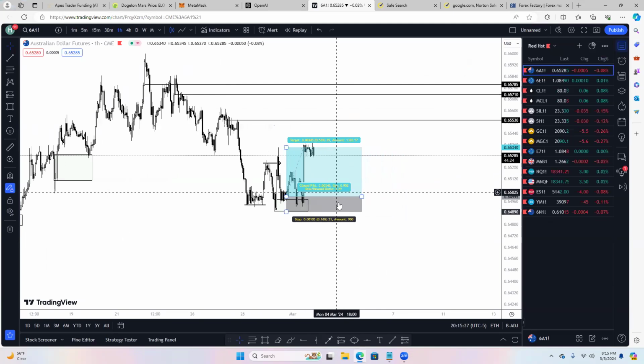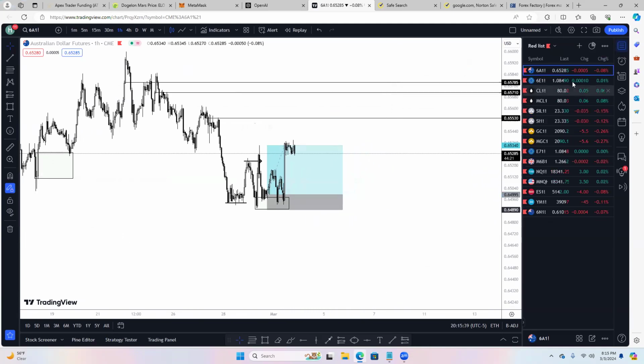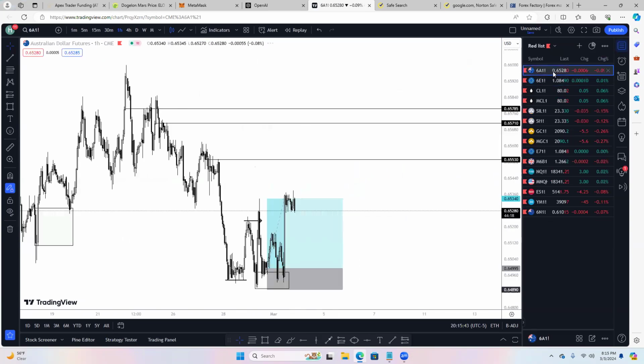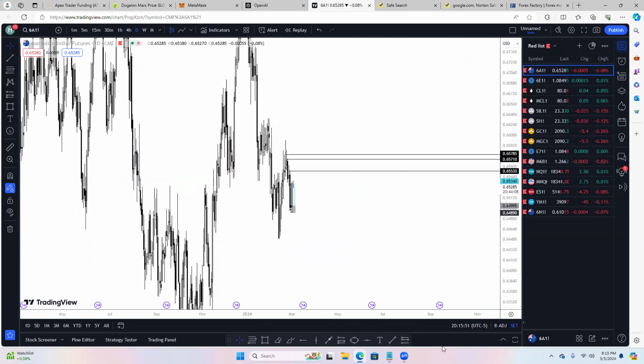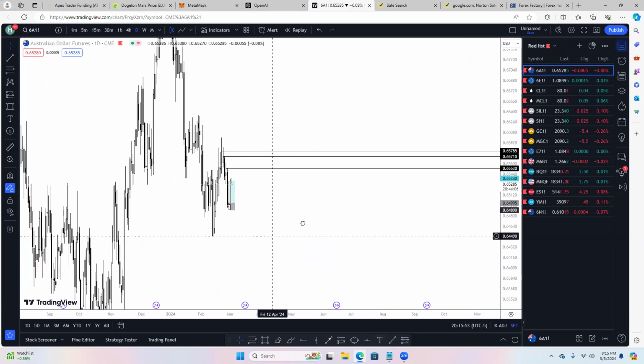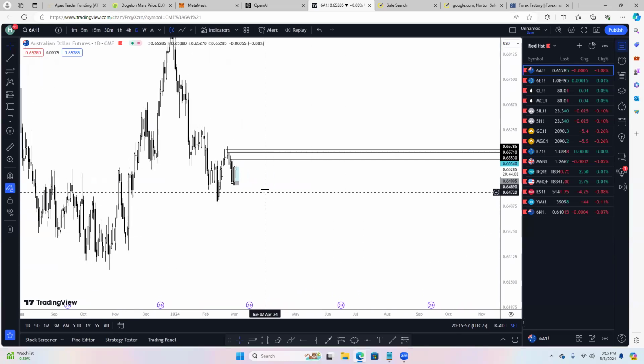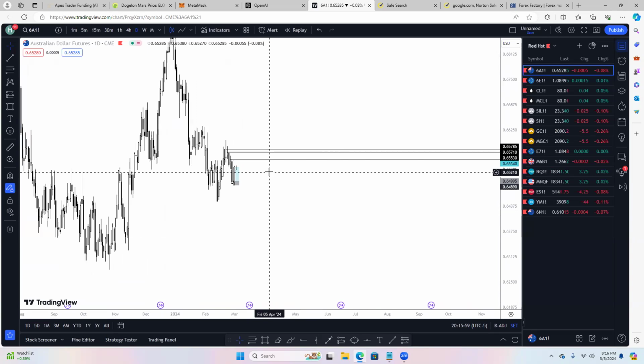All right, bet. So this AU buy. Go to daily on AU. Daily time frame. We have a break of structure on the daily time frame to the upside.